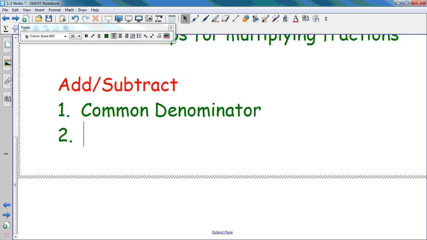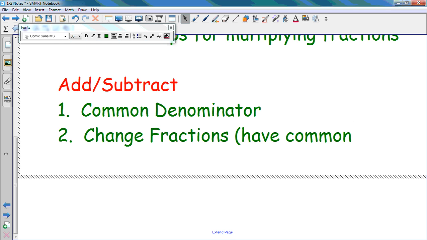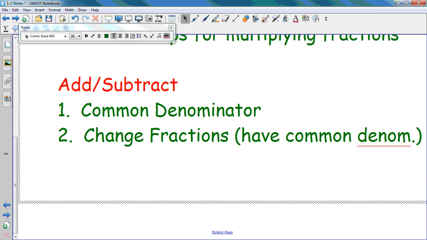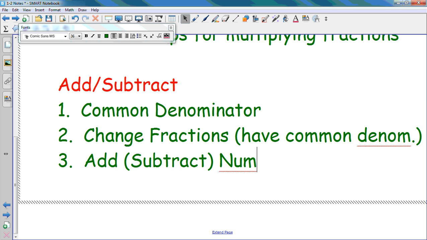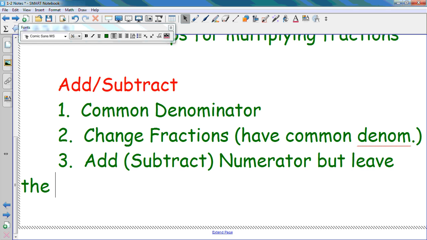You're not writing anything. Change the fractions so that they have the common denominator. I'm going to abbreviate denominator there so it fits. In step 3, add, or if you're subtracting, subtract the numerator, but leave the denominator.